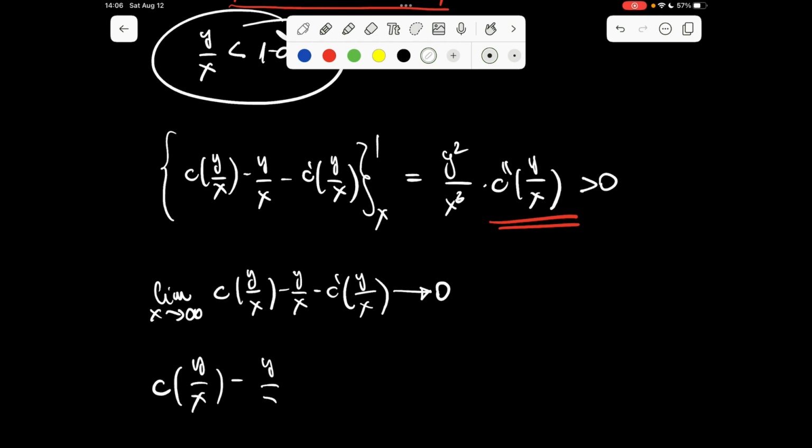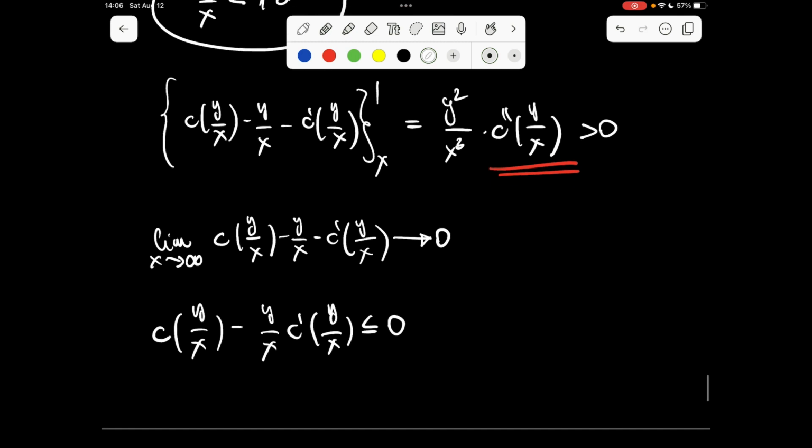So altogether, we can say that this part of the function is 0 or negative, so it's non-positive. We use the fact that when x goes to infinity, the function goes to 0, and before becoming 0, it's strictly increasing, so it must be negative. So this is what we needed.